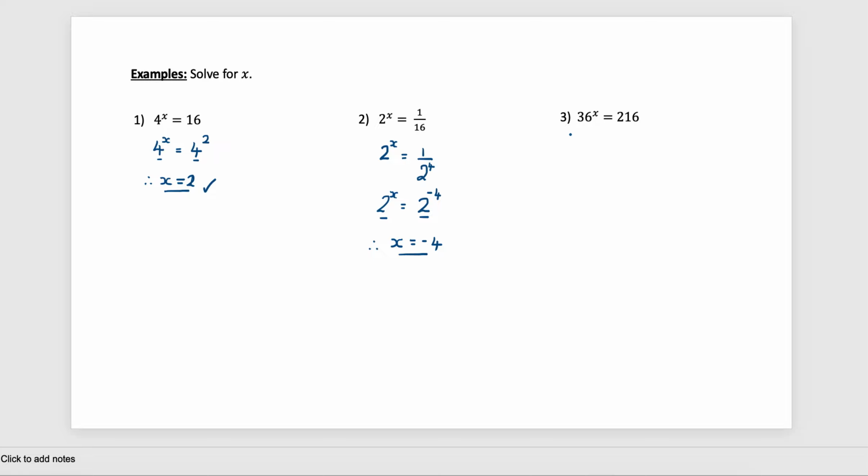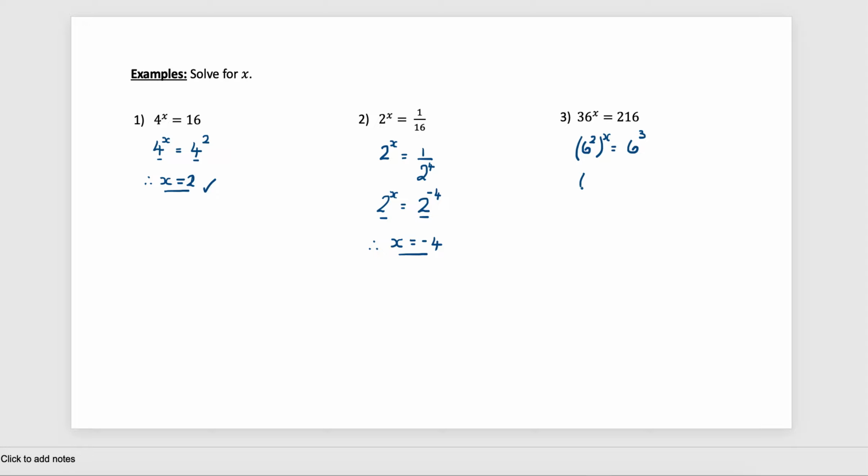In part 3, we've got 36 to the power of x equals 216. Now, we're going to simplify both bases. The 36 I'm going to write as 6 to the power of 2, all to the power of x, because 6 to the power of 2 is 36. I can also write 216 as 6 to the power of 3. You always need to aim to have the same bases.